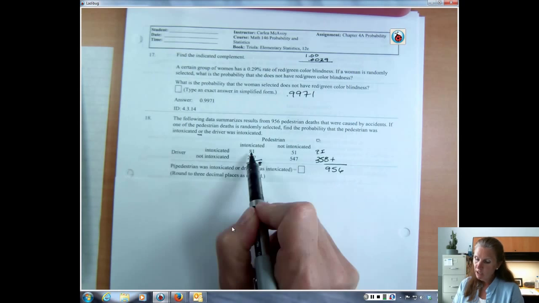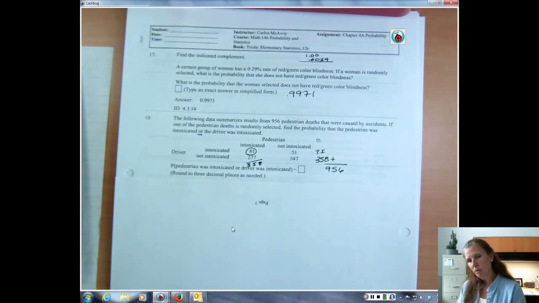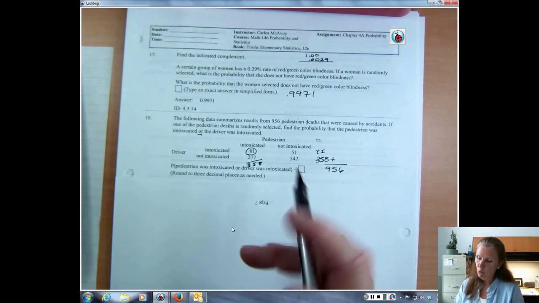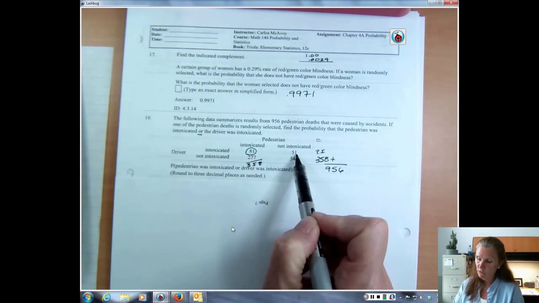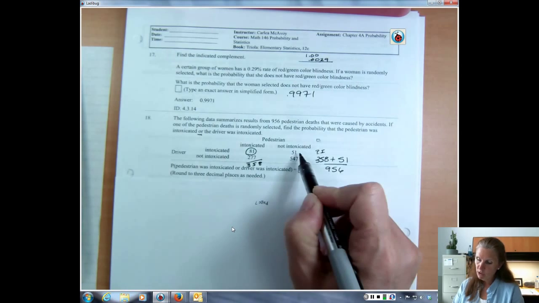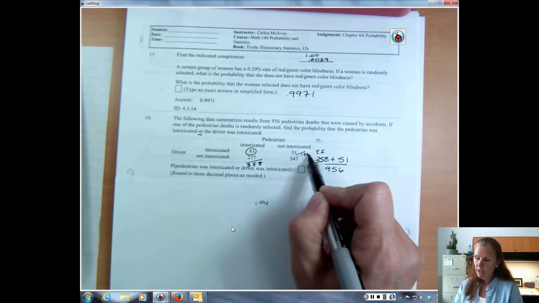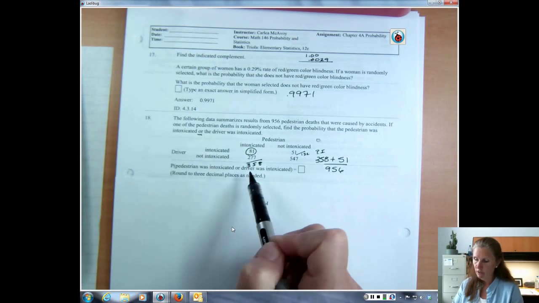But we already counted these people, and you don't want to double count. I should have talked about that in the notes so that you can see there's a different way to think about it. But what I'm going to say is since I already counted these 81 people, I'm only going to count these 51 people. So this total across the way was 132, but I didn't put 132 in because that would have been double counting the 81 that I counted in the first place.